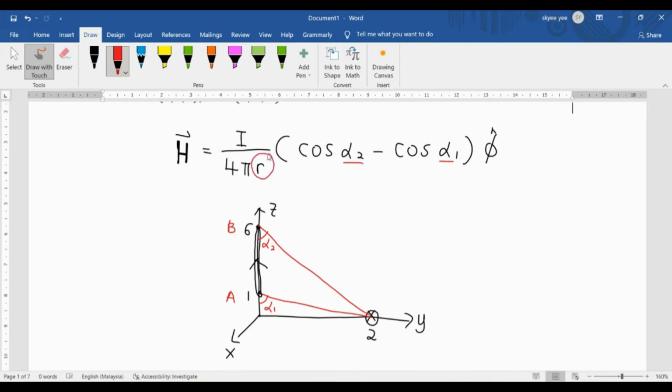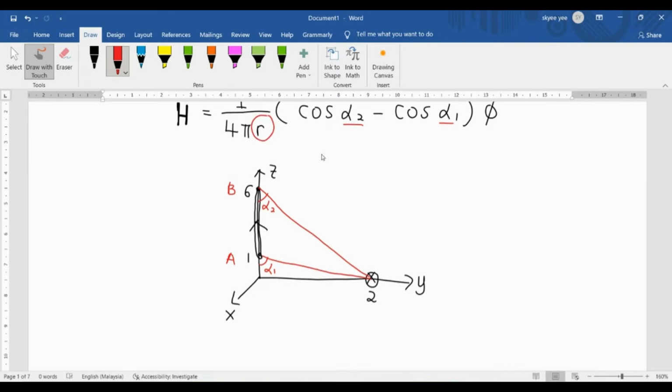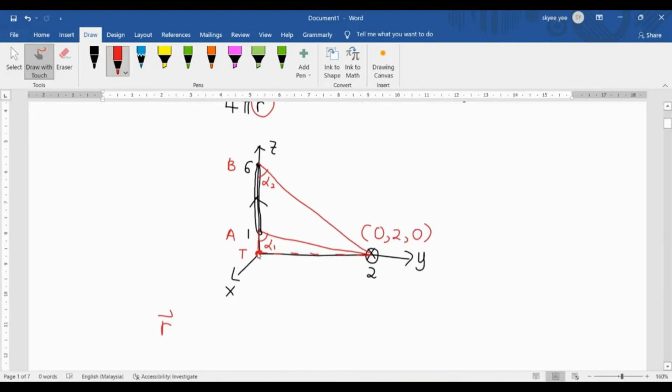Now we move on to the R. To find R, we have to find the distance vector R. Just like in the first chapter, you extend your line, then you join this extended line with the observation point here. This is your point T. Your observation point has coordinate 0, 2, 0.